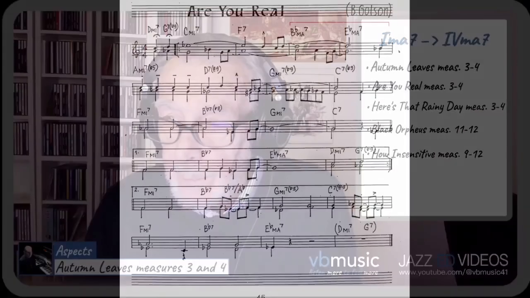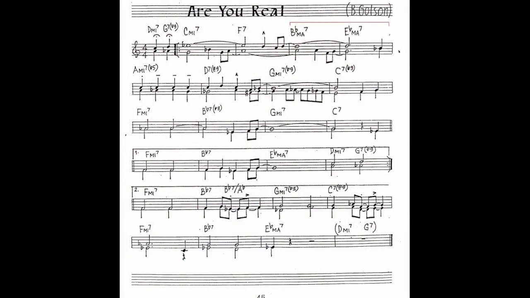Okay, now let's look at a few of these other examples so that we get used to recognizing this movement when we encounter it. Now, Are You Real? Composition by Benny Golson. Check this out.